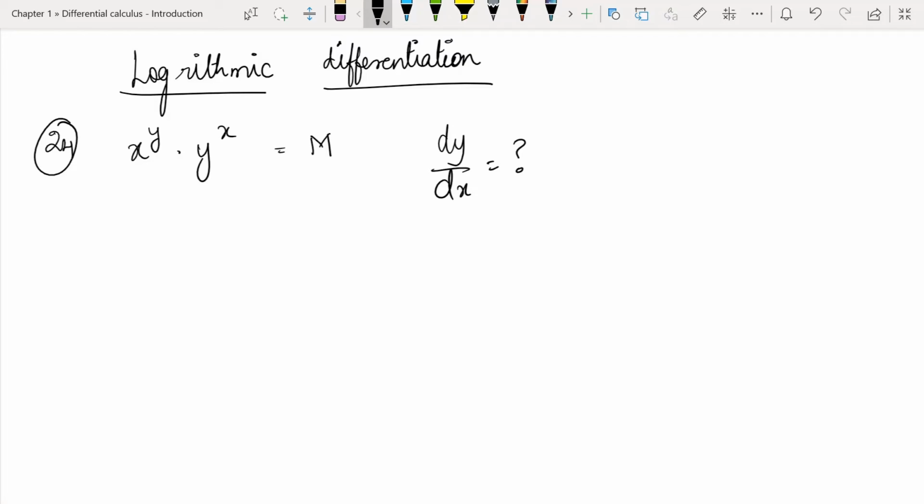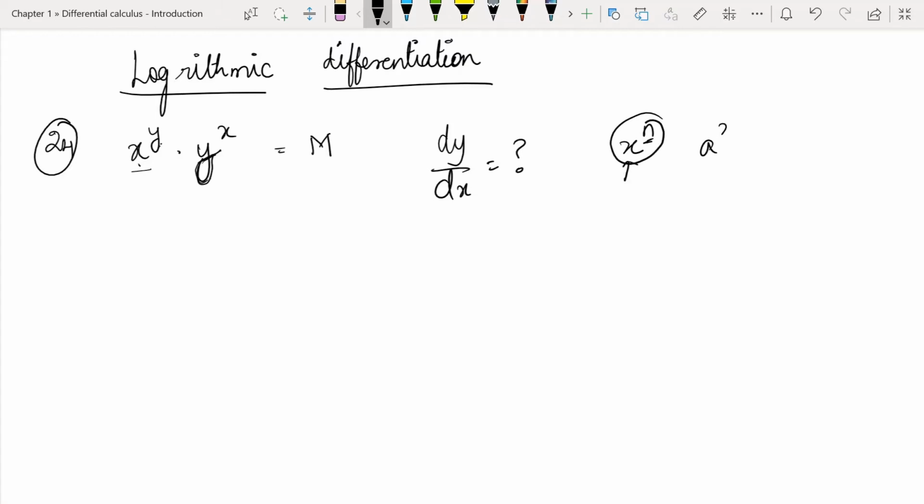I chose this question because look at the first term, a variable. X is a variable, power y is also a variable. Then you have multiplied with y, which is a variable. Again, it is raised to the power of x, which is also a variable. So you have variable power variable. So far you have done x power n, variable power constant.